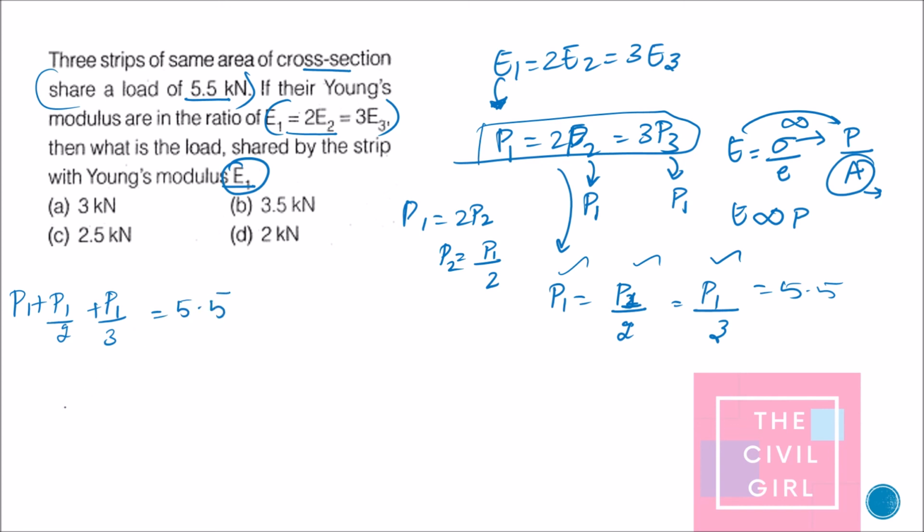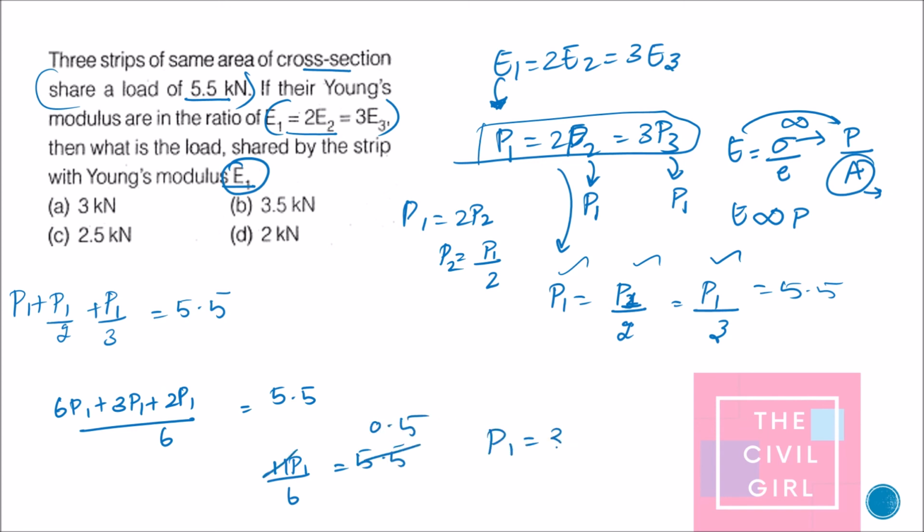So this becomes P1 plus 3P1 plus 2P1 by 6 is equal to 5.5. This is like 11P1 by 6 is equal to 5.5, and this is 0.5 times, therefore P1 is equal to 30. This is your answer. No, it is equal to 3 kilonewton because it is 0.5. So your answer is 3 kilonewton.